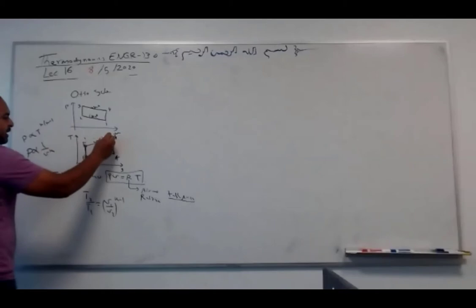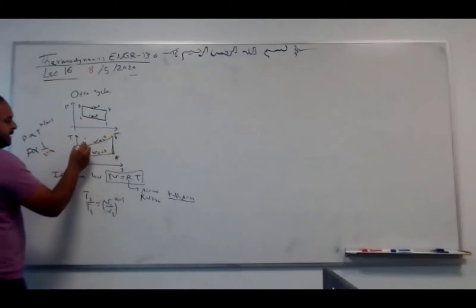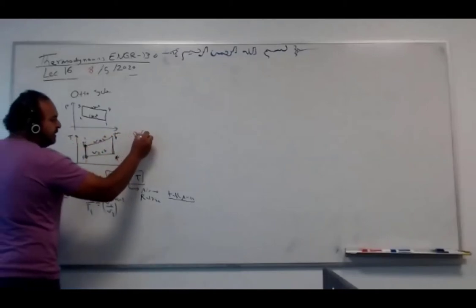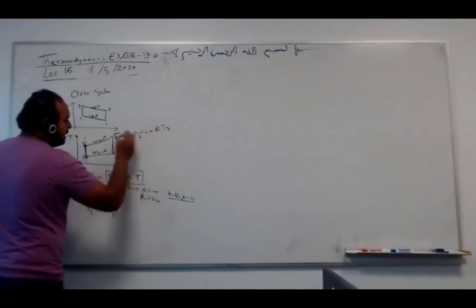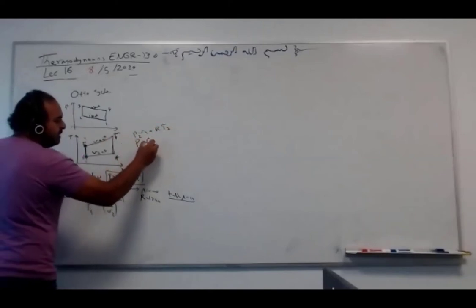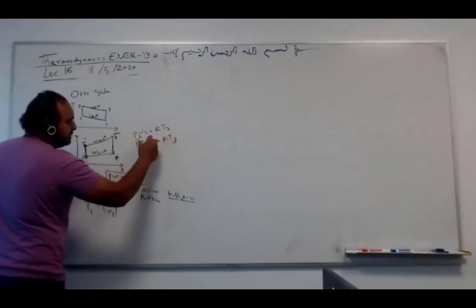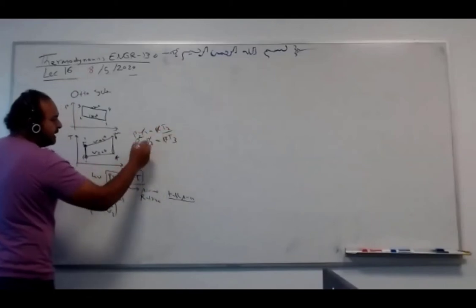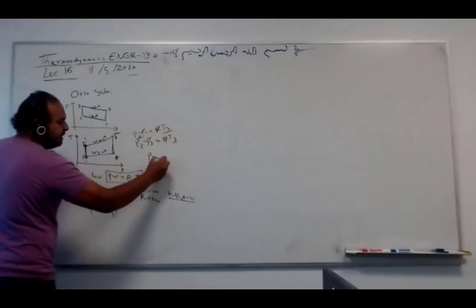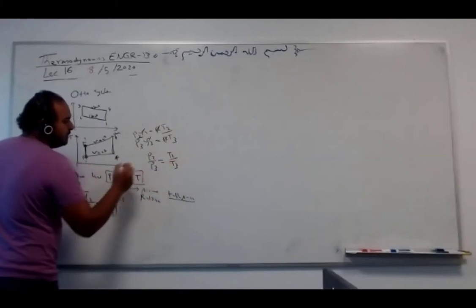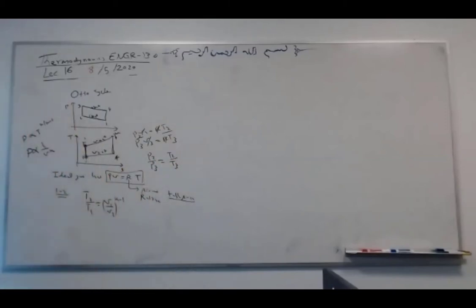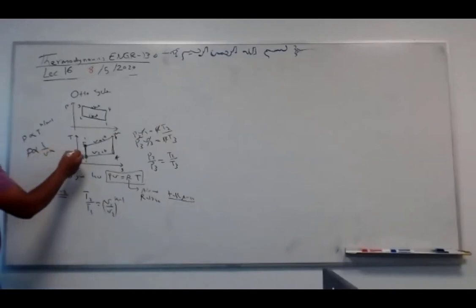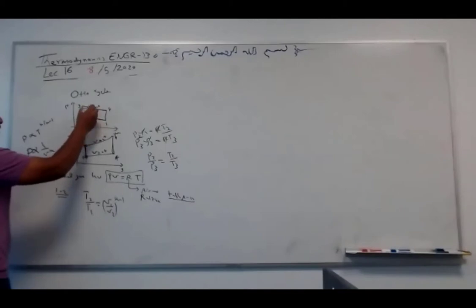Between 2 and 3, constant volume. For state 2, PV equal RT; for state 3, PV equal RT. If you divide, you can say P2 over P3 equal T2 over T3, because V2 equal V3, and so on. This was the Otto cycle, and we said that we have here Q high.